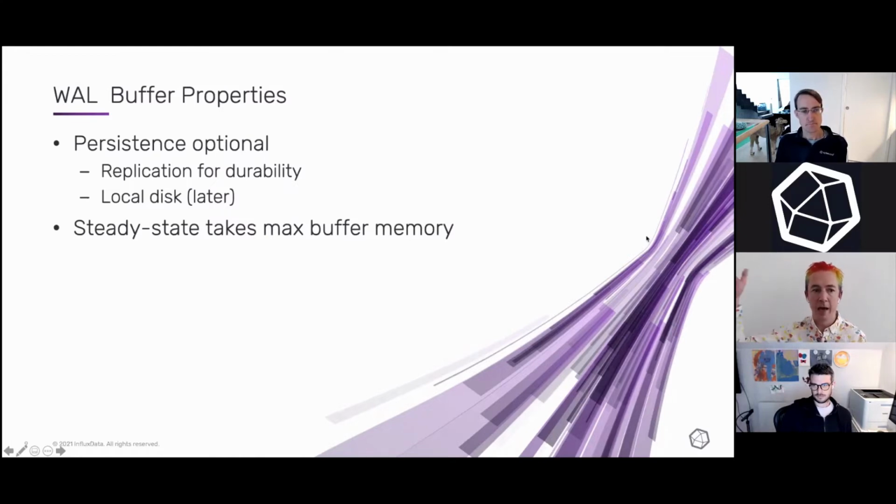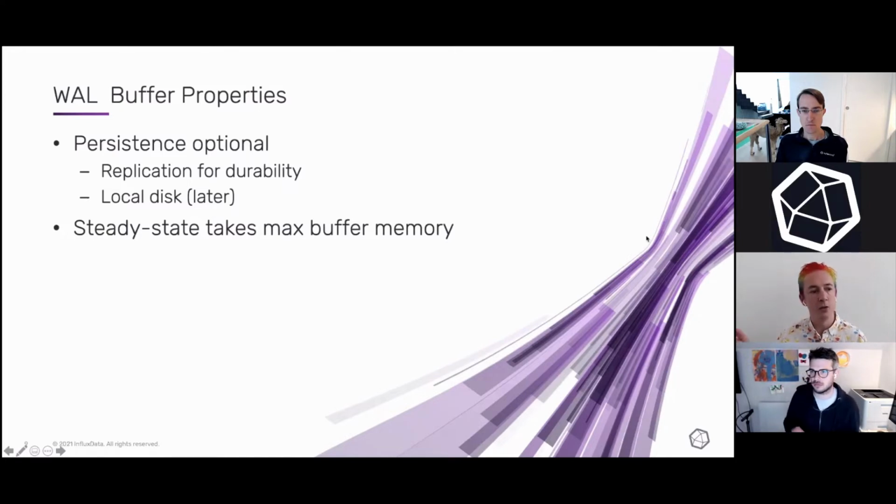The other thing is that the steady state of operation for the WAL buffer is that it takes up the max buffer memory minus one segment size worth of data, give or take. So if you say I want the WAL buffer to take a gigabyte of memory and you have 10 megabyte segments or 50 megabyte segments, once you fill up that 1 gigabyte of memory, it's just going to keep writing new segments and dropping off the old segments that are persisted.